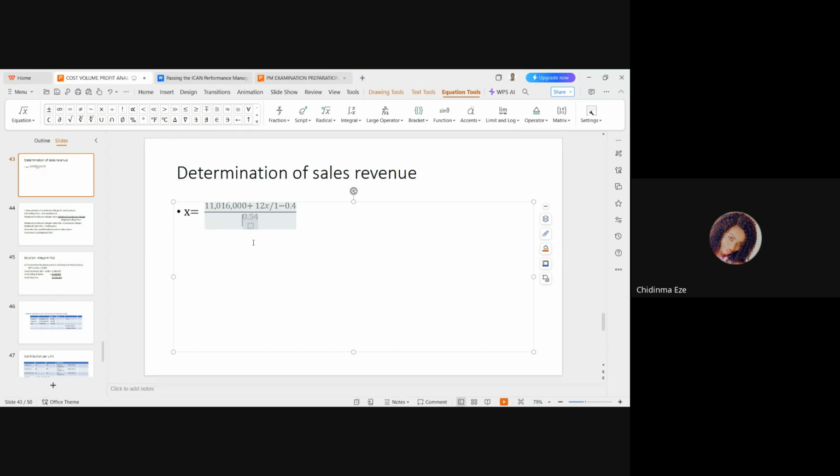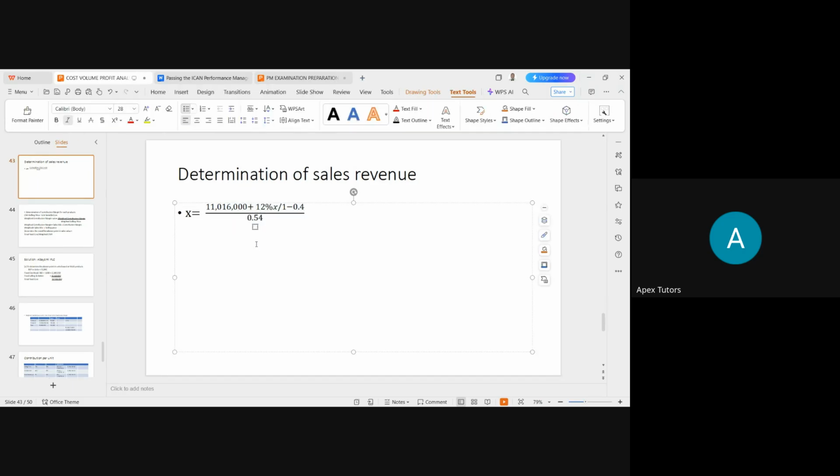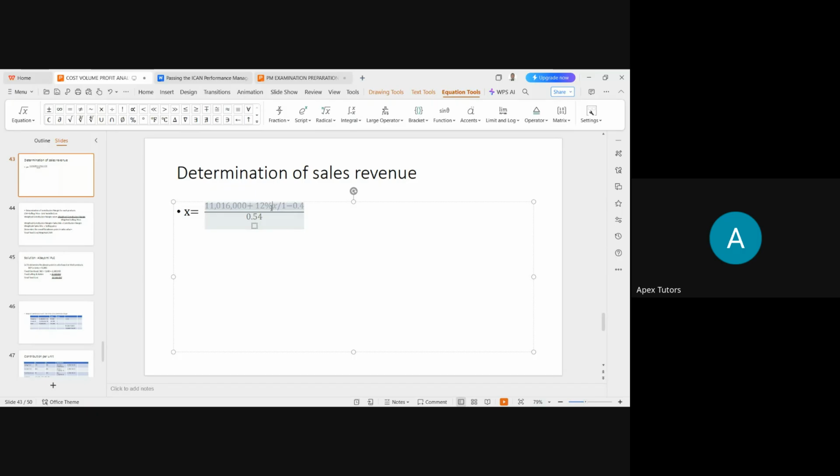Excuse me, sir, I want to ask a question. What is the question? This 12x is not supposed to be 0.12x. Okay, yes, that is 12%. So let me place it as 0.12x, yes. Let's place it that way for ease.